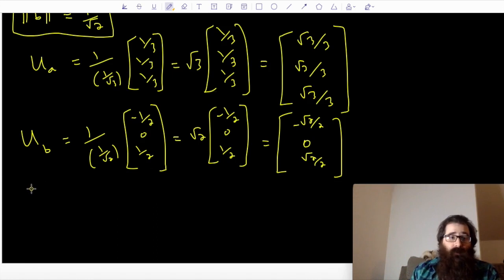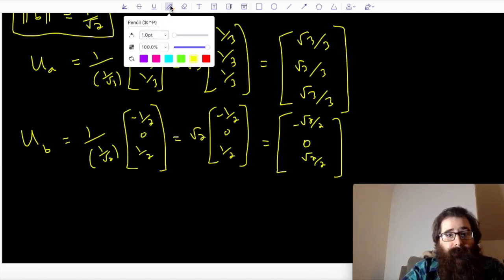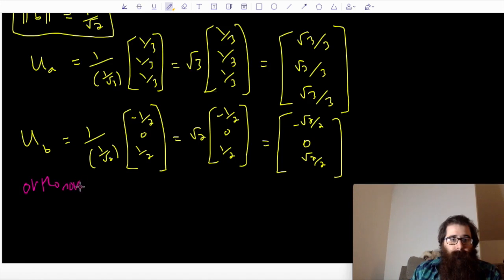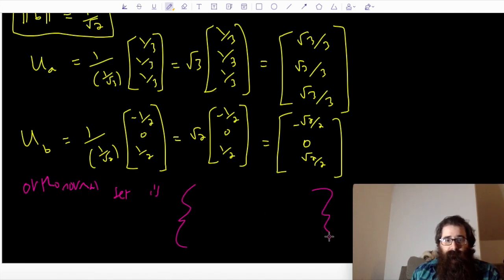So my orthonormal set, let me do this in a different color so it's not just a bunch of yellow chalk. Let's do the pink. My orthonormal set is going to be a set of 2 vectors.